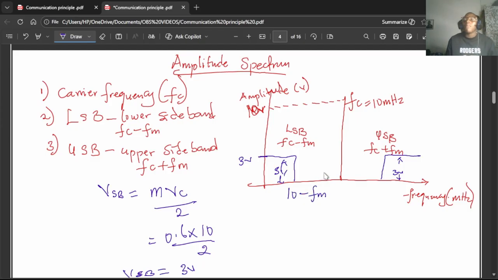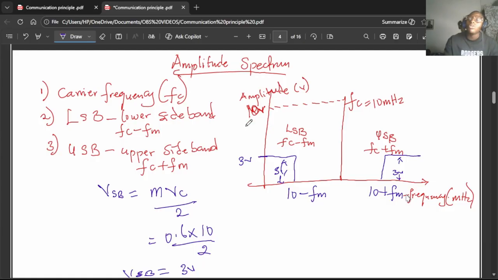We don't know our modulating frequency, but we know our carrier frequency here. On this part of the equation, you can say 10 plus FM. Am I communicating? So this is what we were asked to draw. This is your amplitude spectrum. Am I communicating?